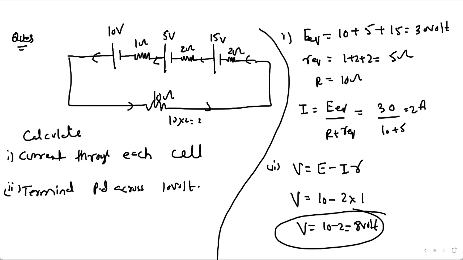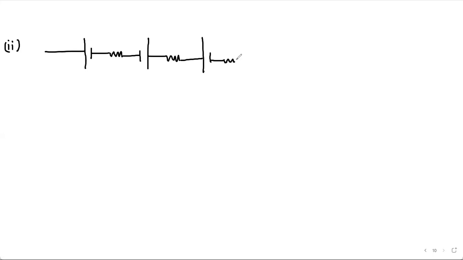There's one more type of question in which the polarity of cells will be mixed. It's in this way. Like this is one cell, this is another cell, this is another cell.